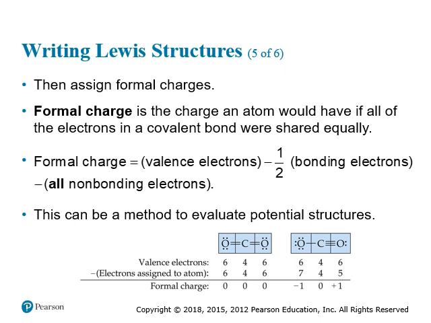Now, the concept of formal charge does not speak to an actual charge, but the formal charge is the charge that an atom would have if all of the electrons in a covalent bond were shared equally. Now, we know that electronegativity suggests that all electrons are not shared equally.